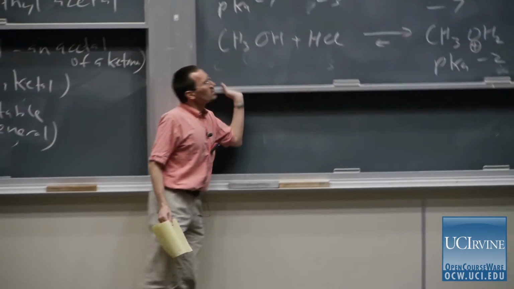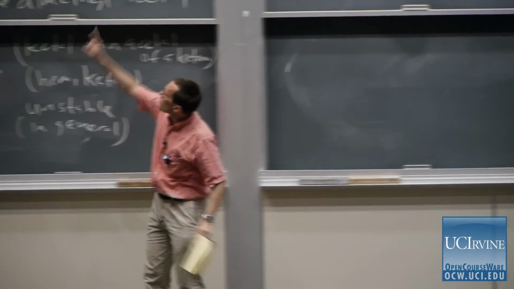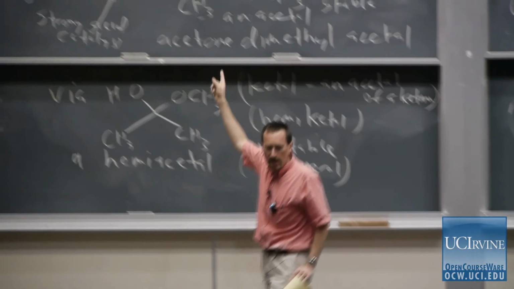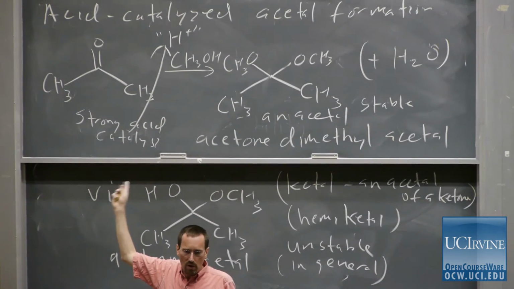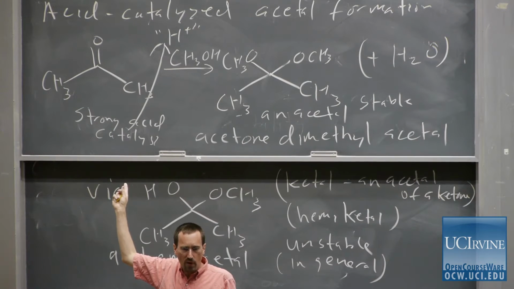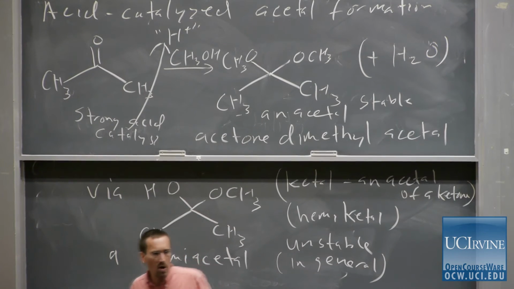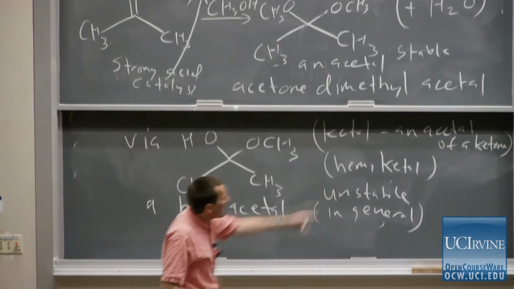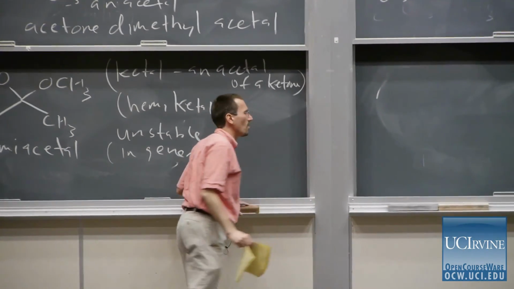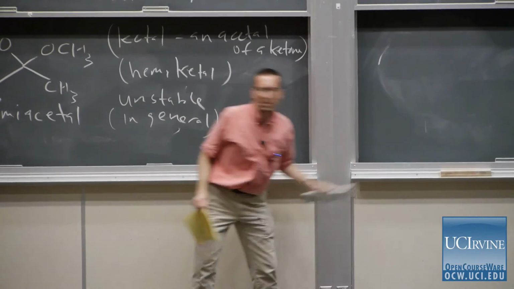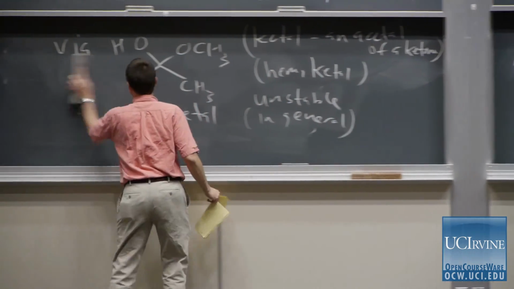So when we imagine acetal formation, and when I imagine this reaction here, it would be an acid like HCl or like H2SO4 dissolved in methanol, but I'd think of my acid in the mechanism as probably protonated methanol, because that's going to be the strongest species that can occur there.